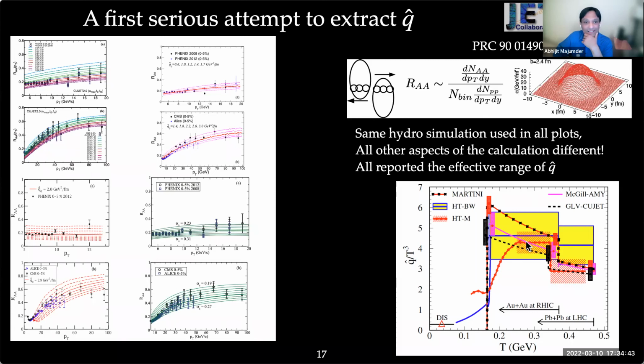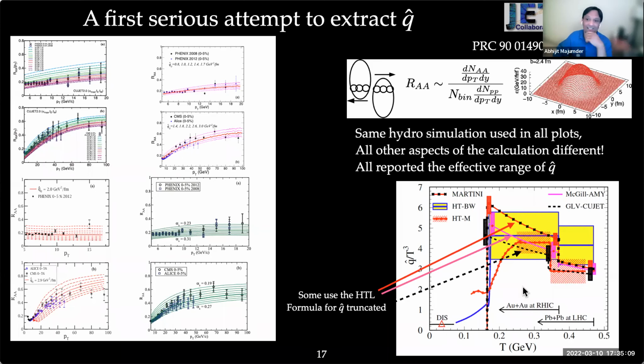The normalization at RHIC was higher than it was at the LHC. You see all these different bands in here are for different models, and all of them had to rescale down for the LHC. Some of them use HTL, and you can see that upward going curve. That's from those HTL lines that I showed you before.